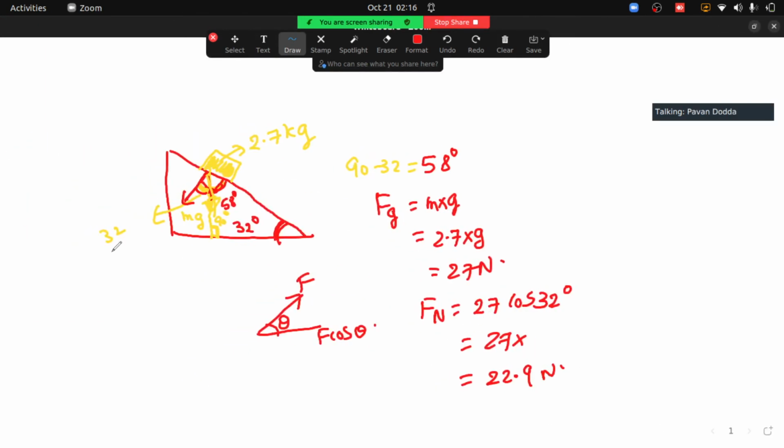Basically, the normal force is a force which acts perpendicular to the surface. This is perpendicular to this contact, so this is what we call a normal force. This is the most important point: normal force always acts perpendicular to the point of contact.